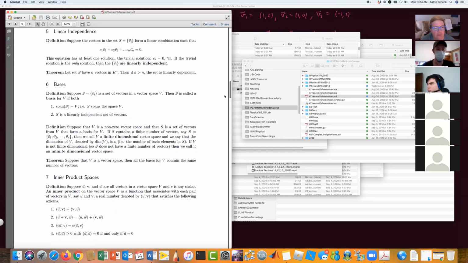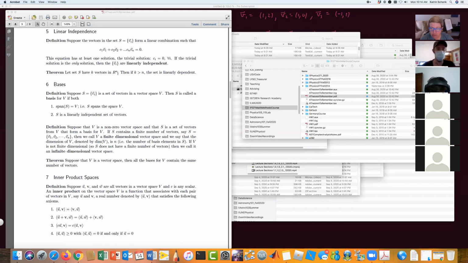So here, if you look at this one for linear independence, let's say you have a set of K vectors in Rn. If K is greater than n, the set is linearly dependent. That's what we just saw, right? So n in this case is 2.